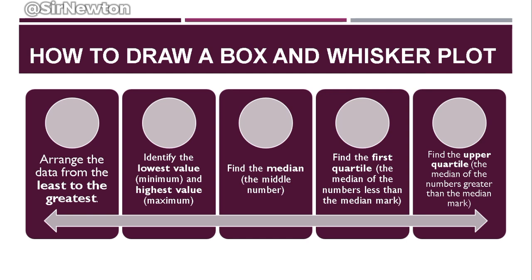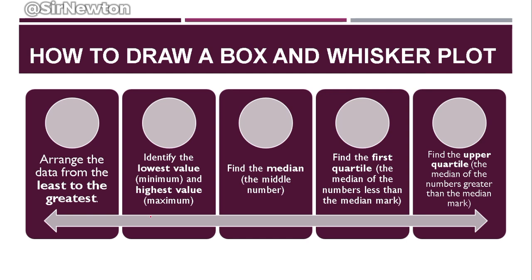Now, let's look at the approach, or how you would draw the box and whisker plot. First of all, arrange the data from the least, the smallest, to the greatest.